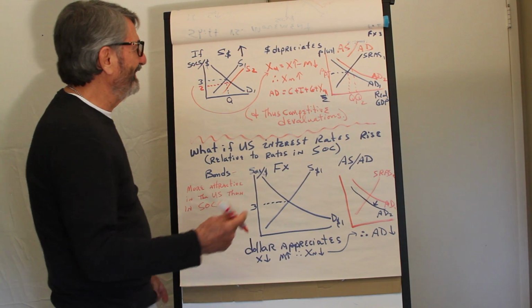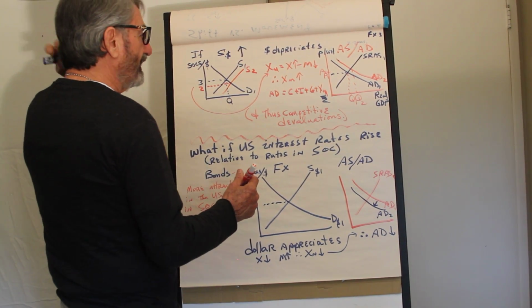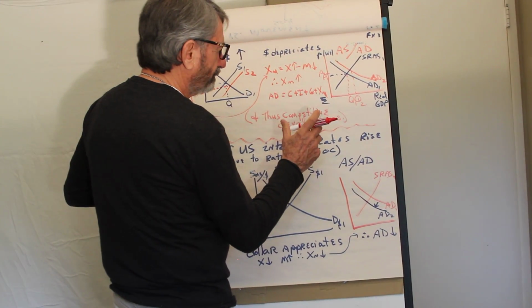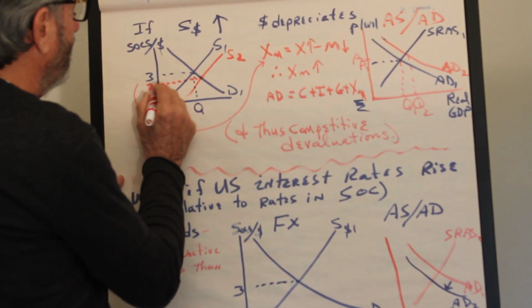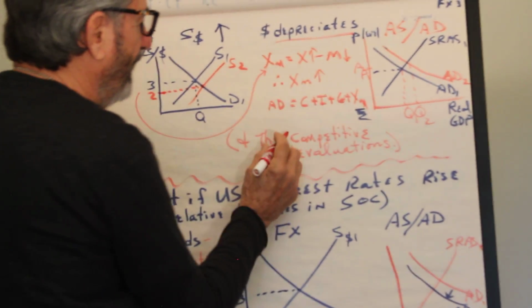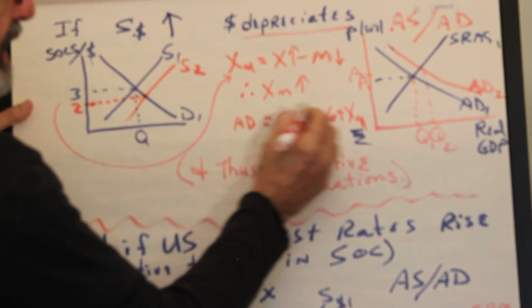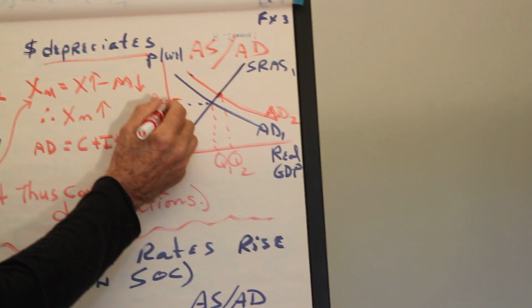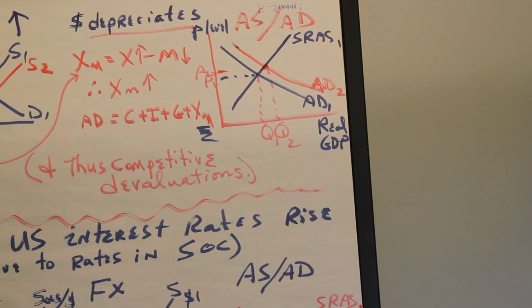Good job. Let's see. So we've already done this. It's just a review. If the supply of dollars increases and the dollar depreciates, then net exports will go up, and that would shift aggregate demand to the right, causing a little upward pressure on prices and increase in real quantity.